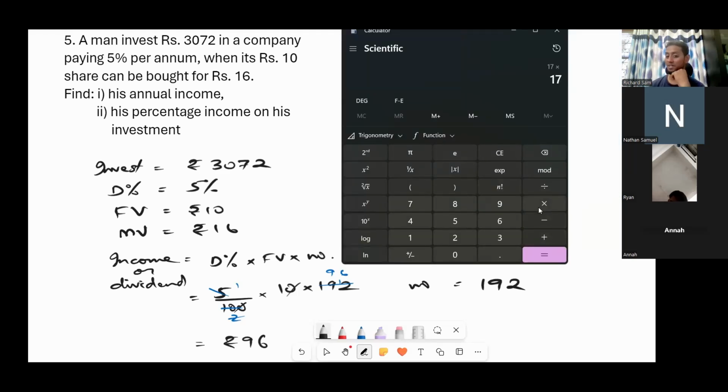How many shares does he have? 192. If he sells these 192 shares, how much is he getting? 3,264. How much he bought it for? See, there itself he's getting a profit. Subtract minus 3072. See how much is the profit? 192 rupees just by the share value going up by 1 rupee.